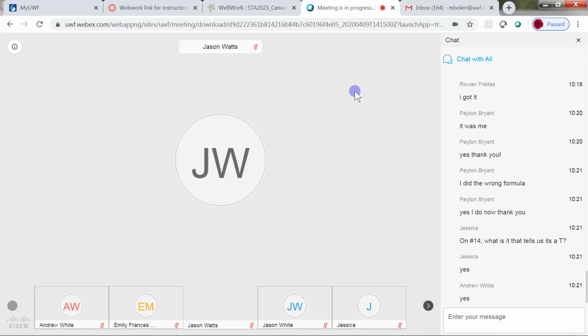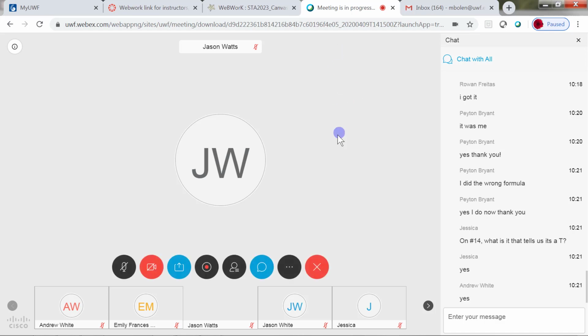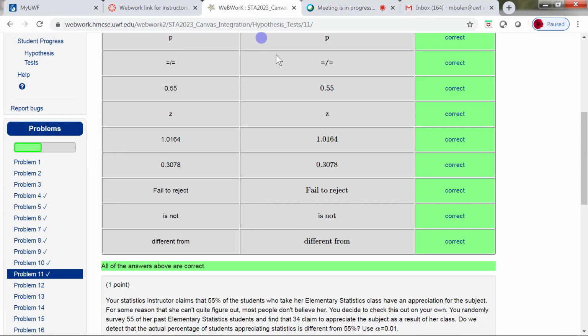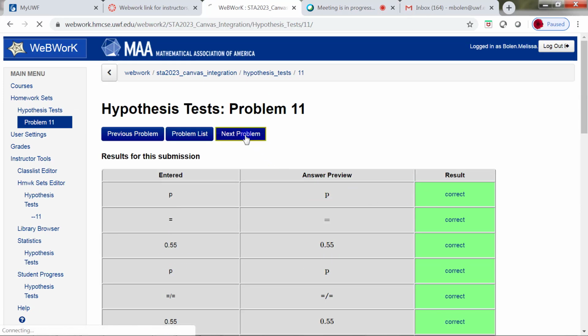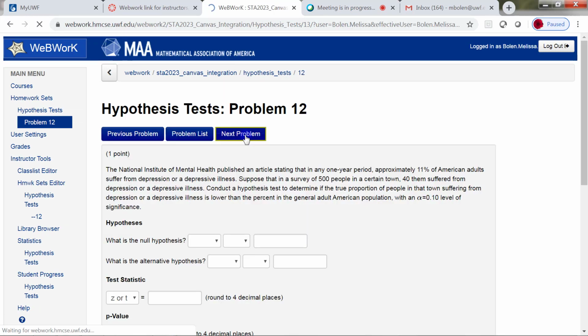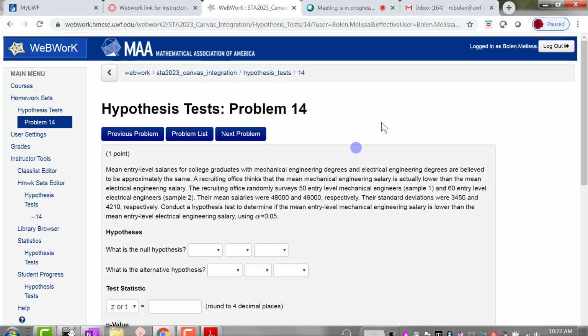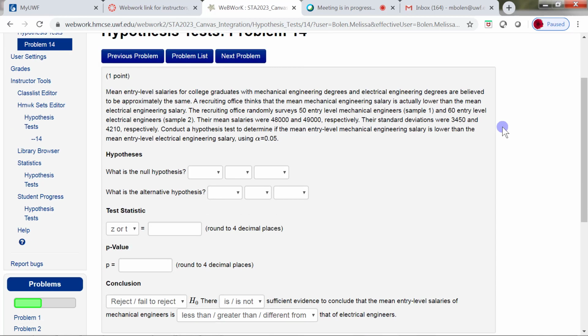Okay, so number 14. Let me flip on over to 14. So that's problem 11, 12, 13, and 14. Mean entry-level salaries for college graduates with mechanical engineering degrees and electrical engineering degrees are believed to be approximately the same. The recruiting office thinks that the mean mechanical engineering salary is actually lower than the mean electrical engineering salary.